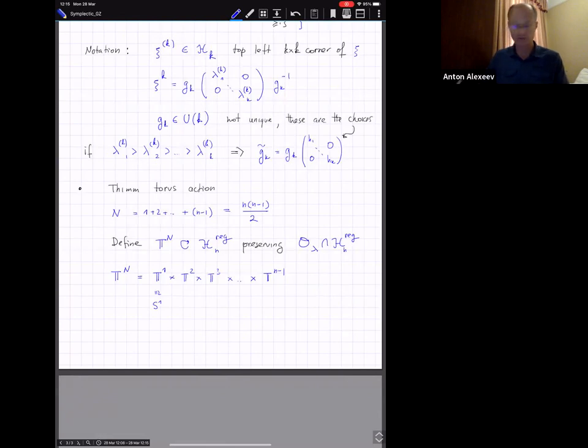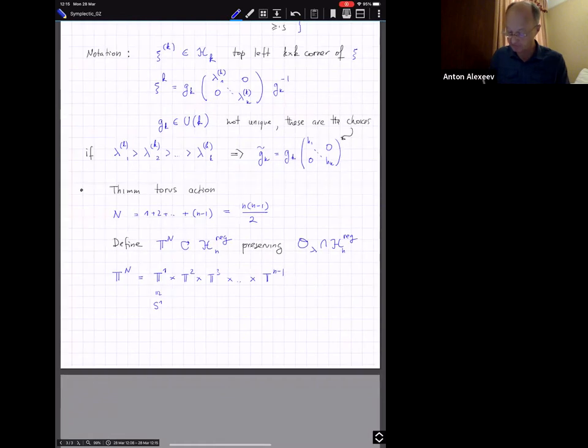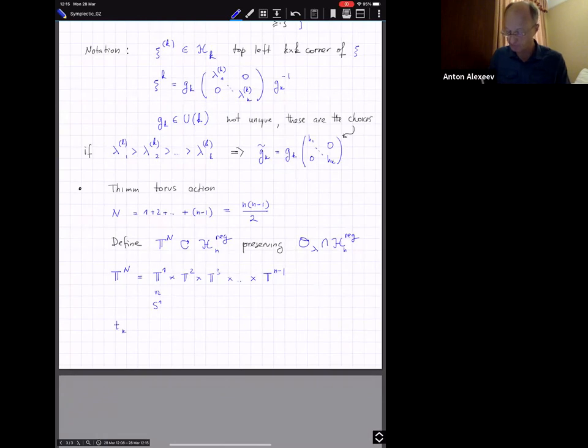So suppose we have Tk equal to z1 through zk, an element of Tk.